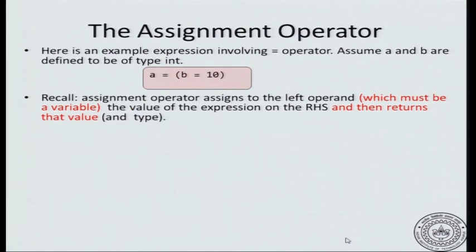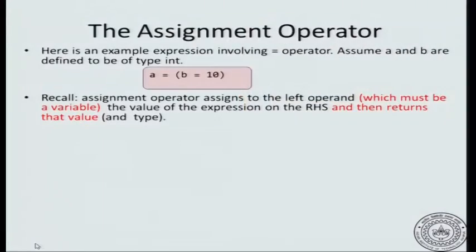Now assignment assigns to the left hand operand the value of the expression on the right hand side. For example, in this assignment operation there are 2 assignment expressions. One is the expression b equal to 10, and the second is the expression a equal to b equal to 10. So the first assignment expression is supposed to do the following: assign 10 to b.